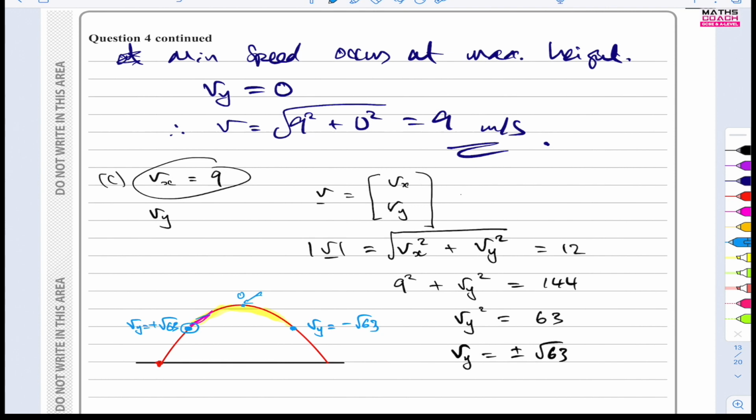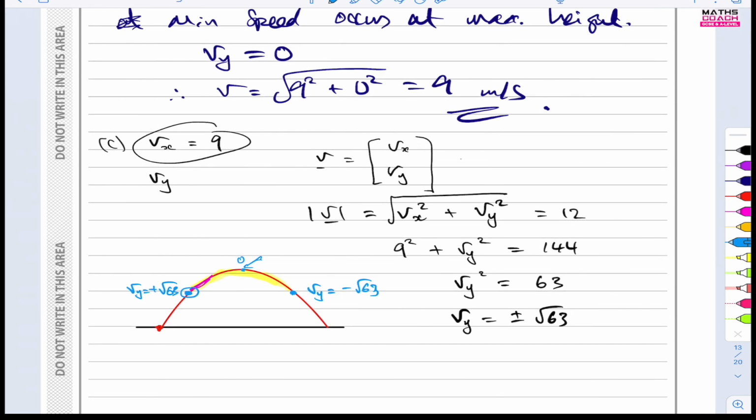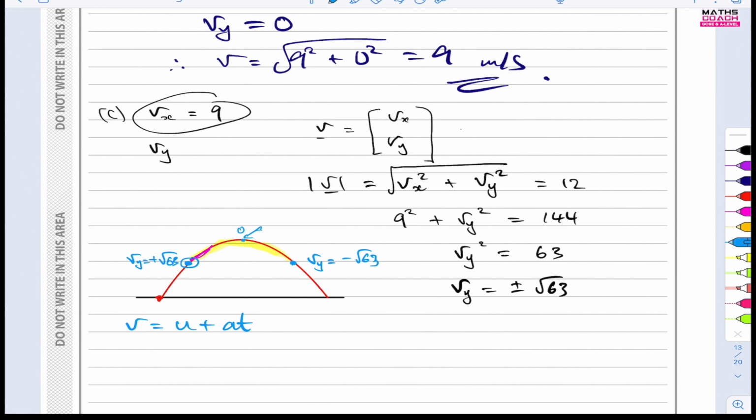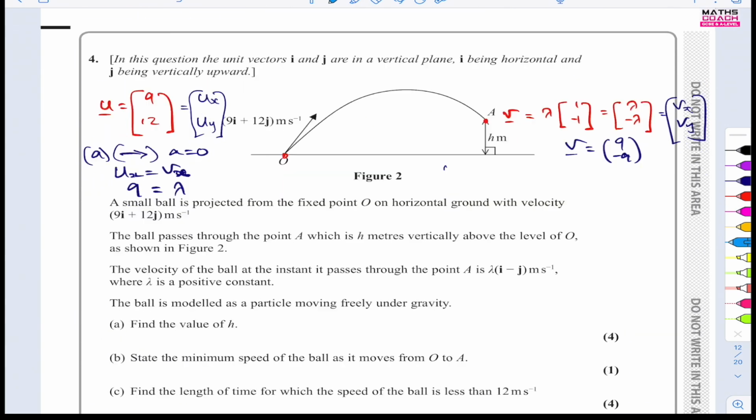In that region, the speed is less than 12 meters per second. So v equals u plus at. On its way up, v would be positive root 63. The initial vertical speed is 12.